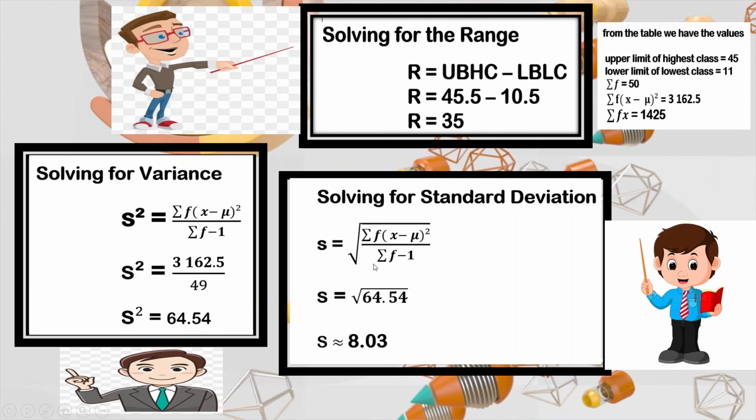Because the formula of standard deviation is actually just getting the square root of the variance. So 64.54, get the square root, that's approximately 8.03. That means our standard deviation is 8.03. Complete. The range is 35, the variance is 64.54, and the standard deviation is 8.03.